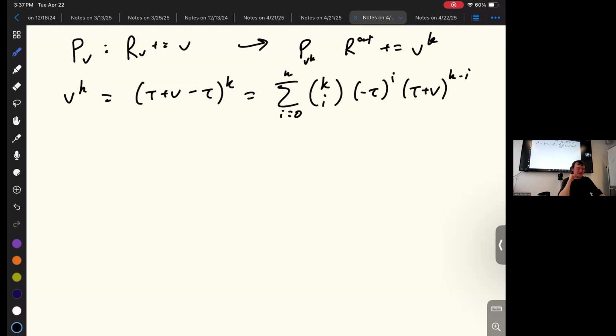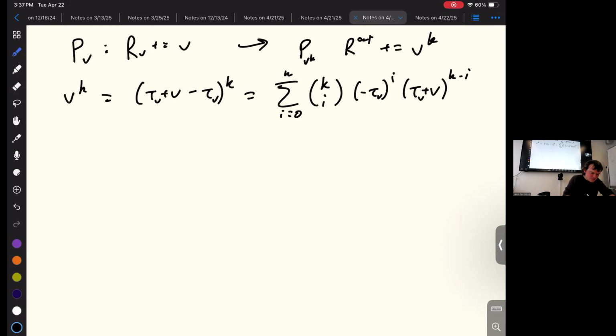Again, the trick here is that we always have, sorry, I should label these tau_v. These are tau_v.